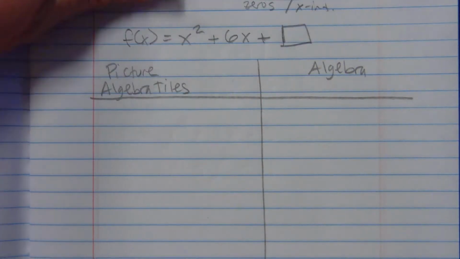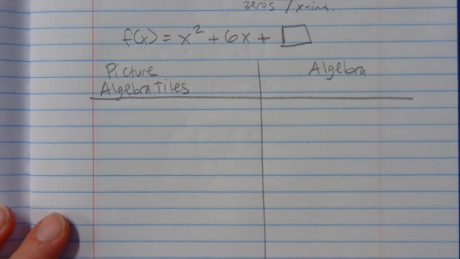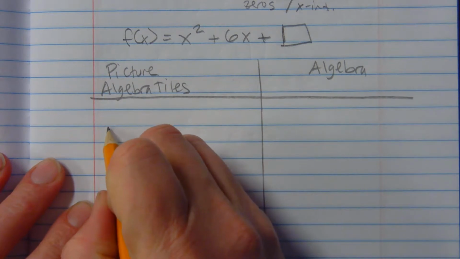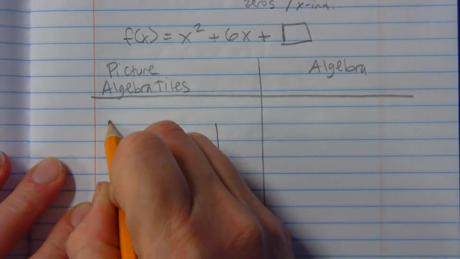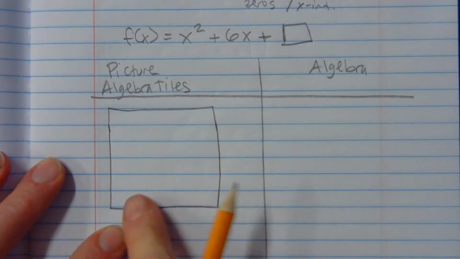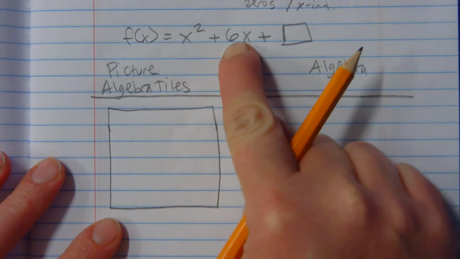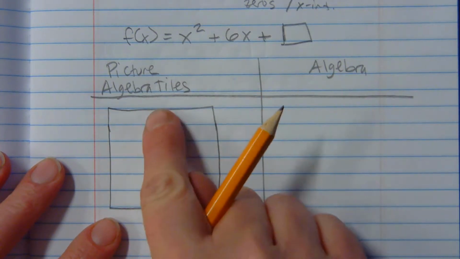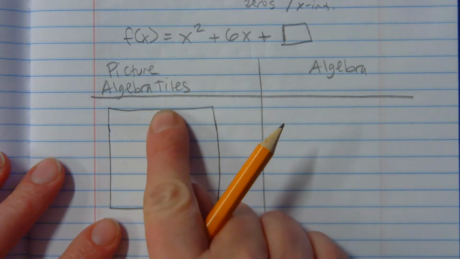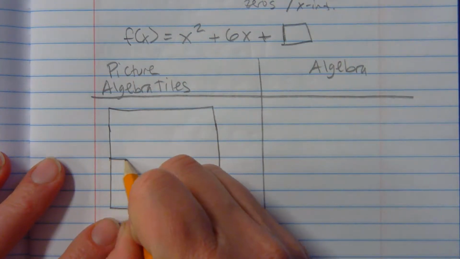We're going to just stick with the pictures, because in class you've done a lot of algebra tiles already. So my picture looks like I have a square, and then I have 6 of these x's. What we were doing in class is we were saying, okay, if I have 6 x's, I know I have an x squared here.